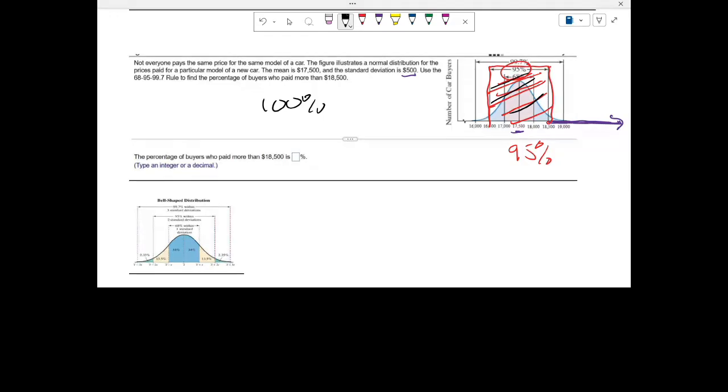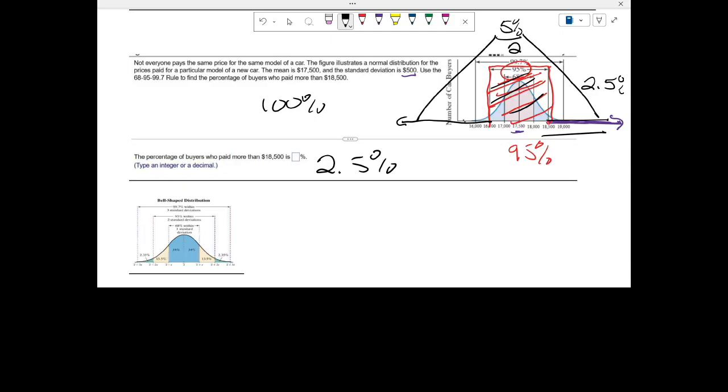What that's telling me is that everything this way and everything that way, these two pieces together have to add up to 5%, right? Because the whole thing is 100, the rest of it has to be 5. We need to take that 5% and cut it in half, and we'd have 2.5% that way, and we would have had 2.5% that way. We were interested in the people who paid more than 18,500, and that would be 2.5%. Okay.